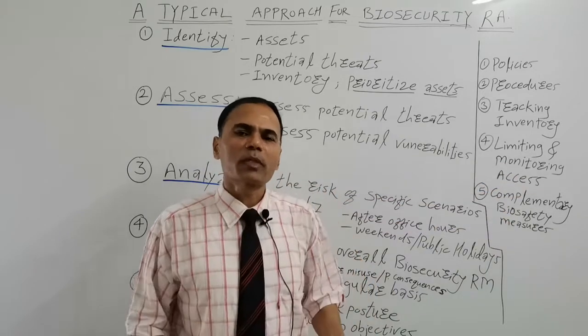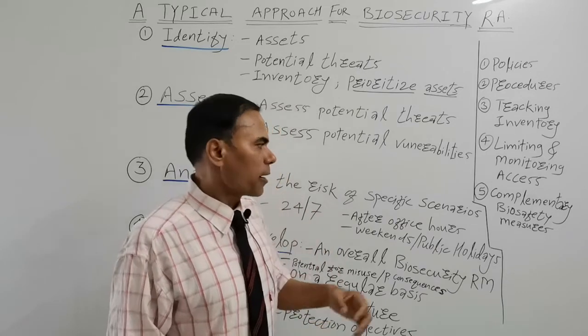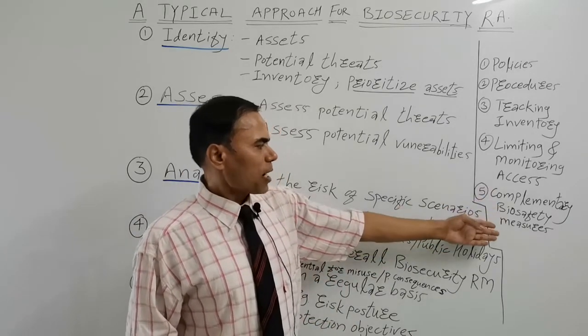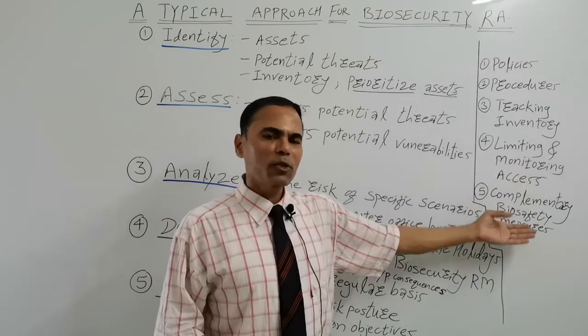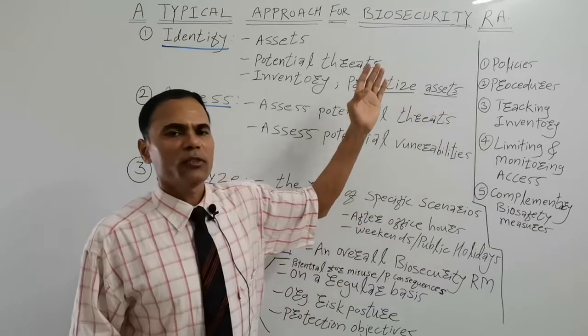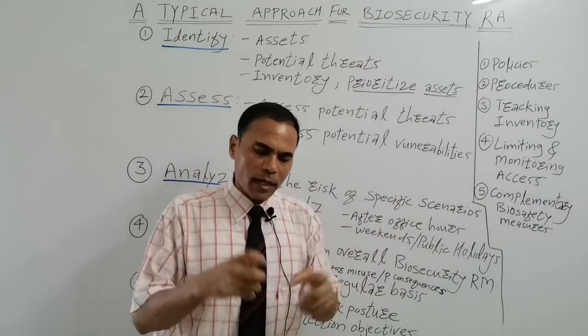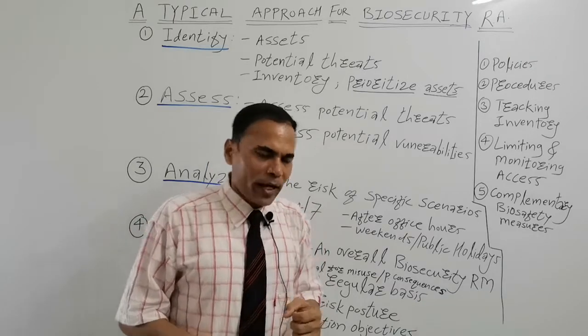Only the authorized people are going in that laboratory and no one else is allowed there. At the same time, the measures which you are taking for the biosafety risk mitigation can complement the biosecurity also, as there are some elements common in biosafety and biosecurity.